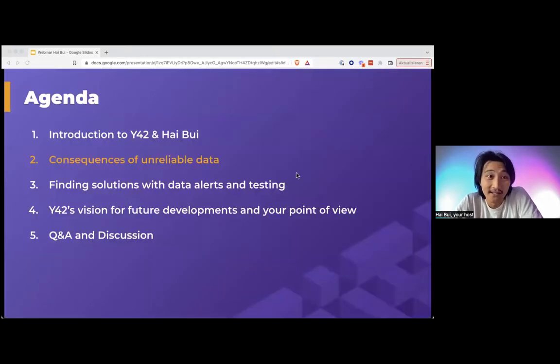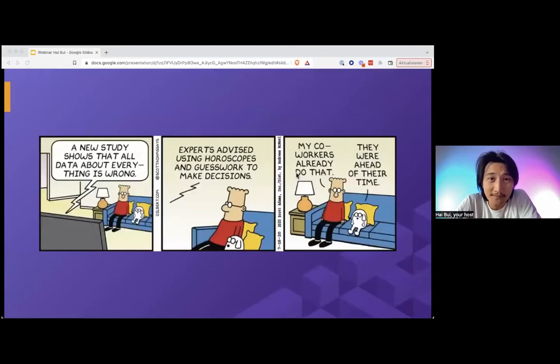Let's get started. So what are the consequences of unreliable data? What's the problem? Imagine you have an e-commerce store, and you load your data from your Shopify account, or you've done some Snapchat ads, Instagram ads, and you want to load your data into your data warehouse.